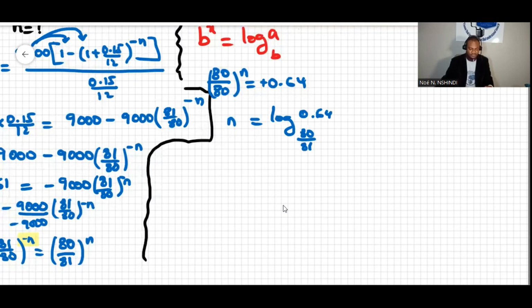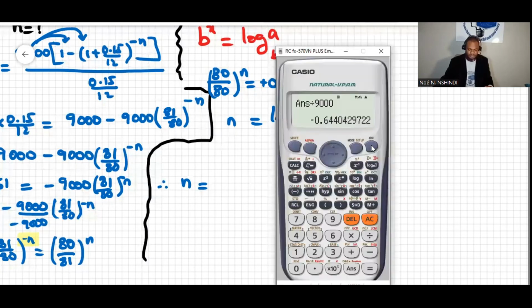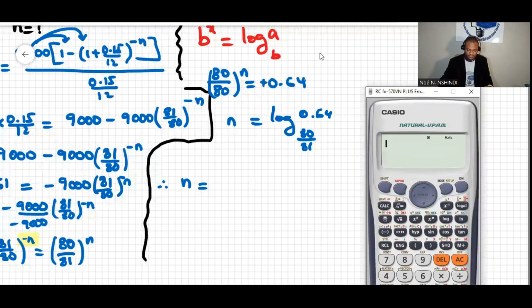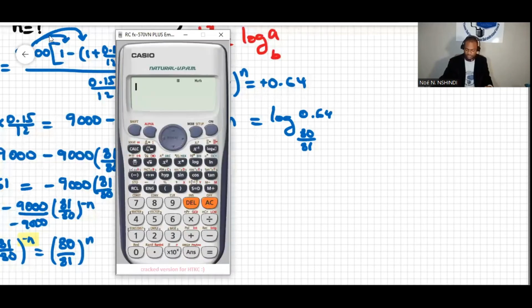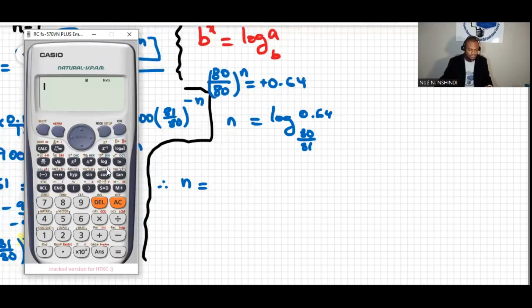Now n will be equal to, we can use a calculator here. So we have log. Okay, instead of using this log, please use this other log, because here you also have the base.